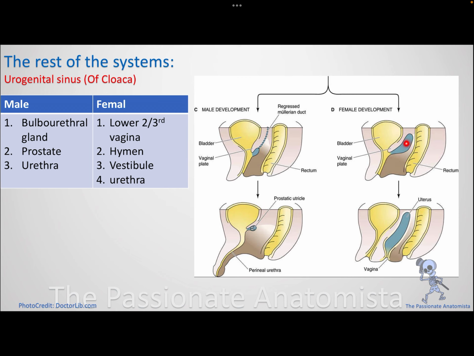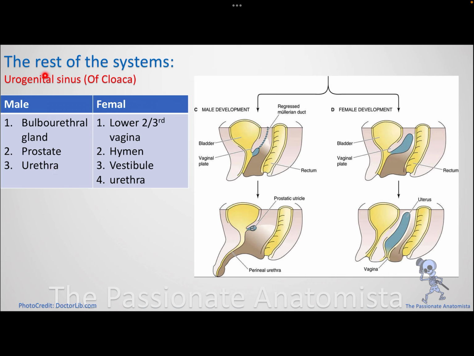The urogenital sinus is what concerns me, because the urogenital sinus is going to give me the lower part of the vagina, the hymen, the vestibule, and the urethra. The urogenital sinus will complete the female story. And in the male, it's going to give me the bulbourethral gland, the prostate, and also parts of the urethra, of course, not all of it.